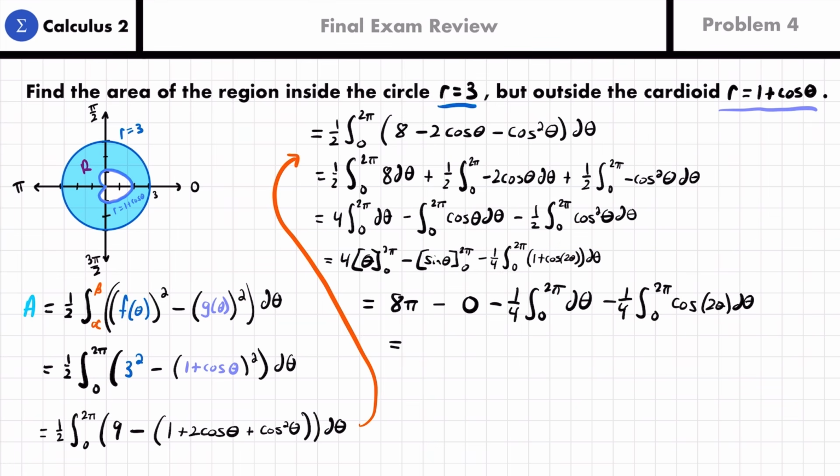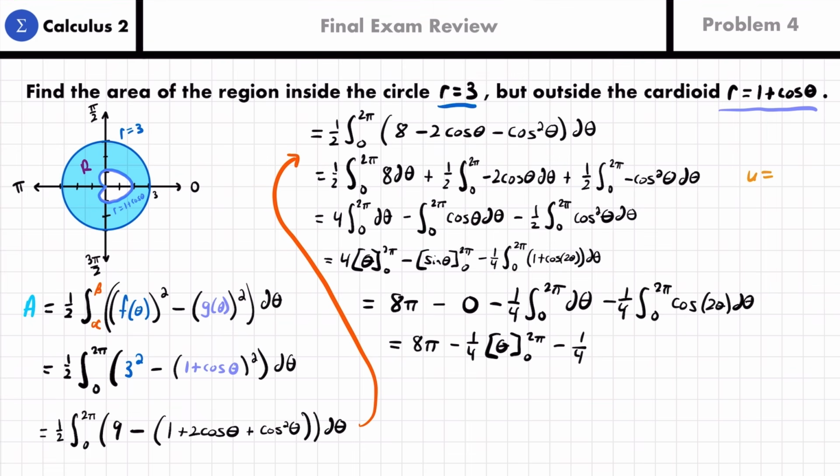We will have that this is equal to 8 pi, and we don't need to rewrite minus 0, but then we do have minus 1/4 times the integral of 1 d theta, which is just theta. So we have theta evaluated from 0 to 2 pi, and then we have minus 1/4 times this integral, where I will now use u substitution.